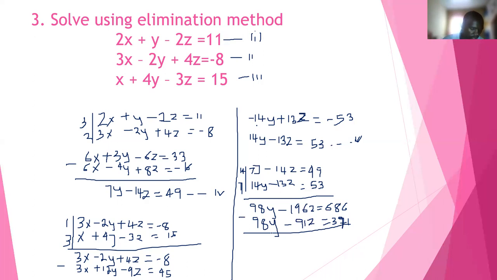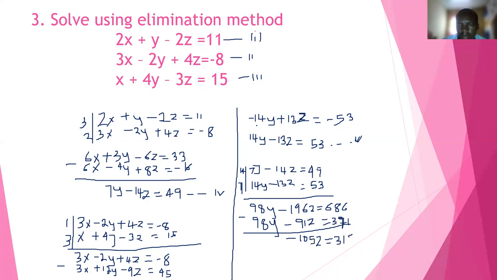So we'll have negative 196 minus 91. We get negative 105z is equals to 686 minus 371. You get 315.